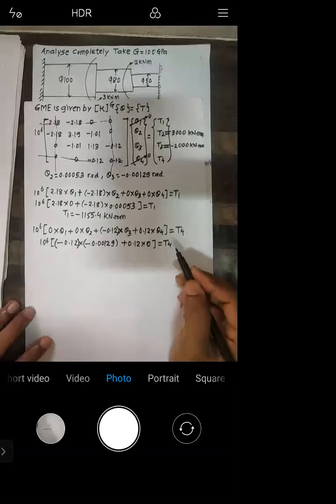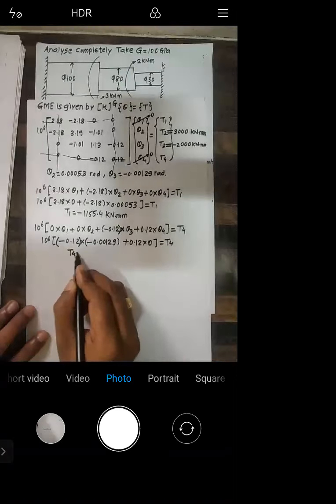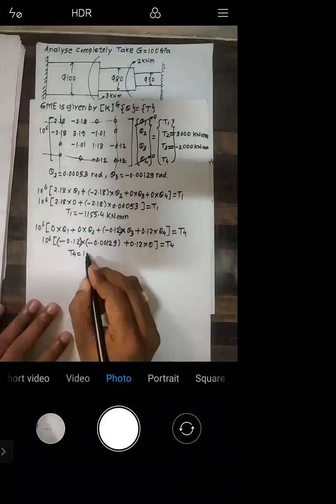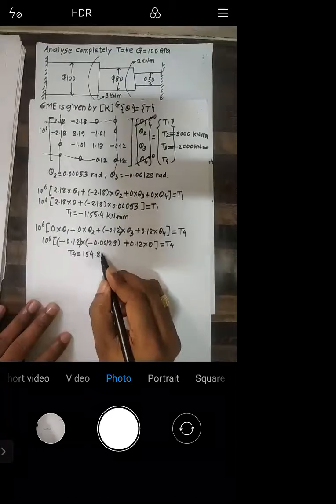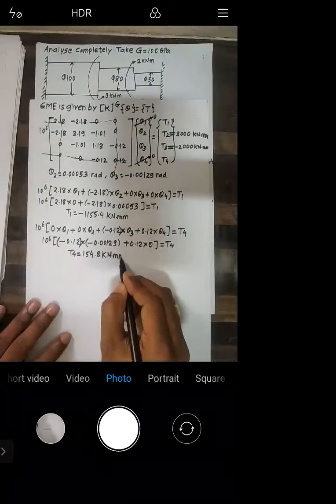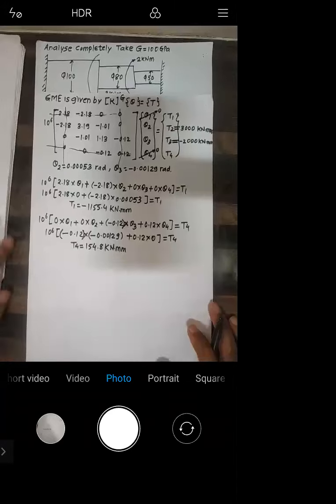So can you tell me the value of T4? 154.8 kilonewton mm, right?